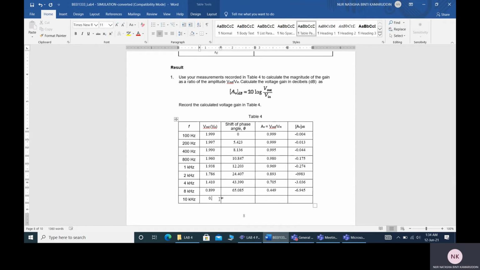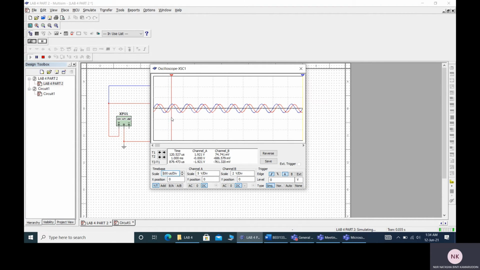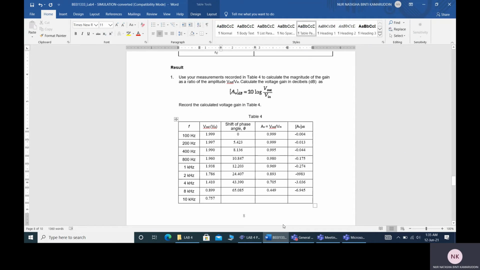So 0.757, and the shift of phase angle, we take the same as for 100 hertz, which is 20.716 micro, and then we calculate the shift of phase angle.